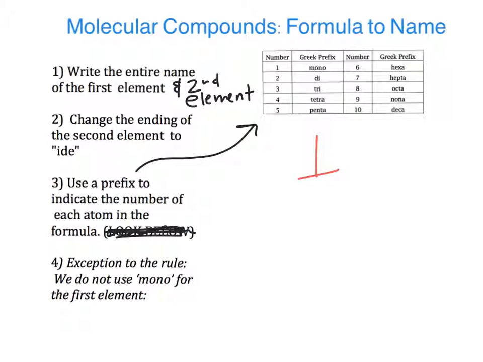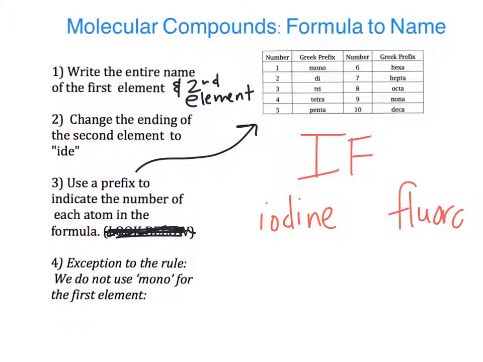All right, we're going to try another example, and this time we're going to do IF. So just going through the steps. First things first, you got to identify which elements those symbols represent and write down their names. In this case, it's iodine and fluoride, changing the ending of fluorine to "ide." Okay, and then we need to put the prefixes in.